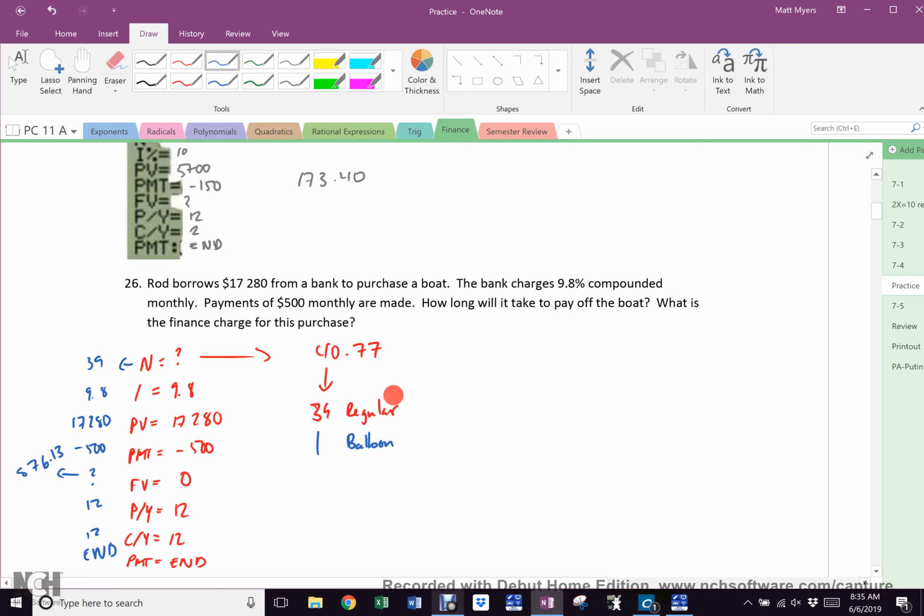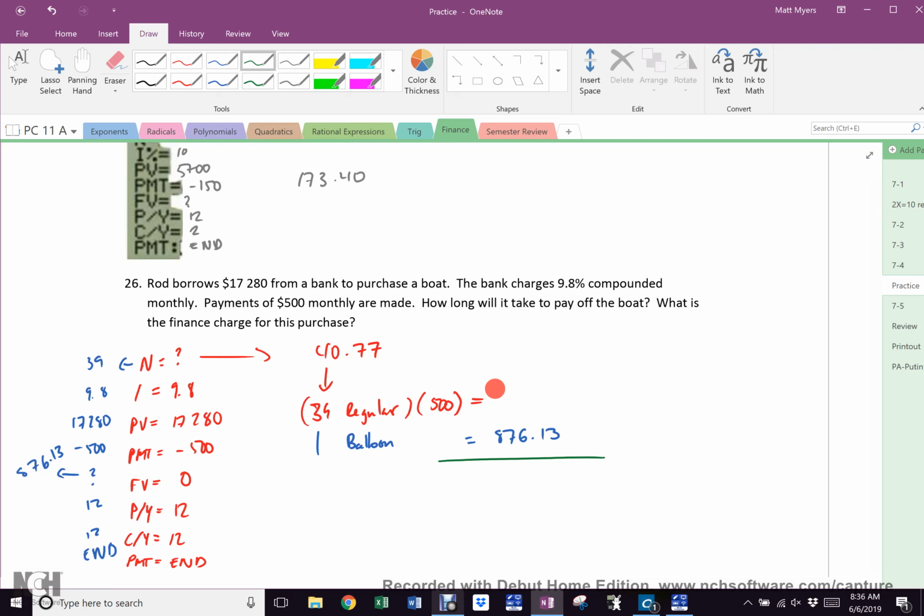So he's got 39 regular payments that cost how much? What are his regular payments? 500. Plus the balloon payment, which is what? 876.13. So what did the dude pay for his boat? Pardon me?